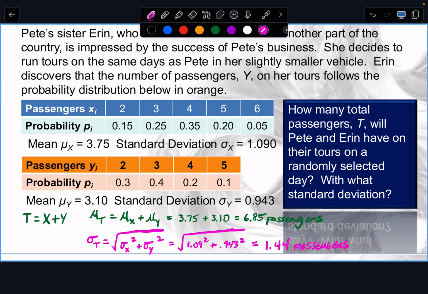Okay. Now, if I were to change this problem to calculating the difference. So if I said I want to find the difference in the number of passengers that Pete and Aaron should expect, what's going to happen with my mean?